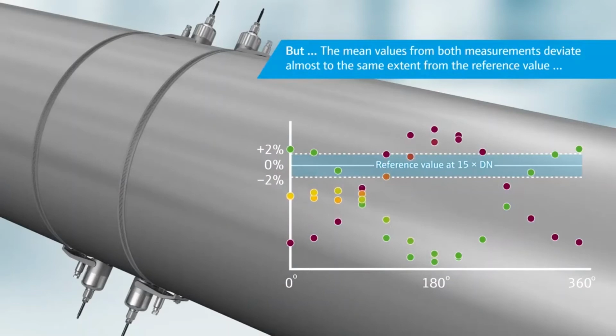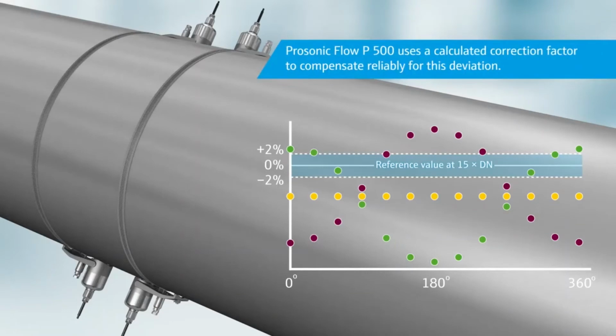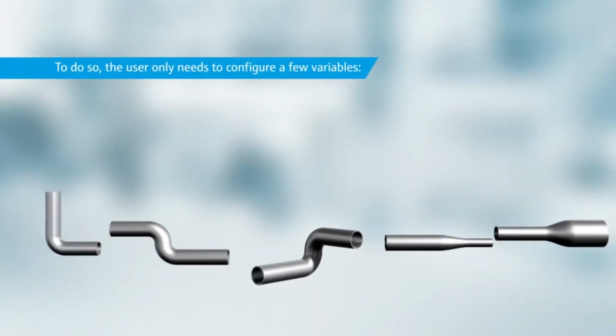So it's the same deviation from the reference value in this specific case, which is that yellow dot line. And what the FlowDC function then does is it uses the deviation and it adds a corrected calculation factor to compensate for this deviation. And that's how it works.